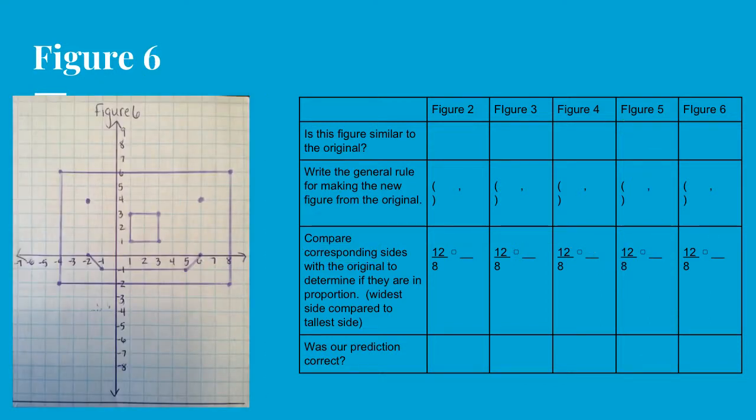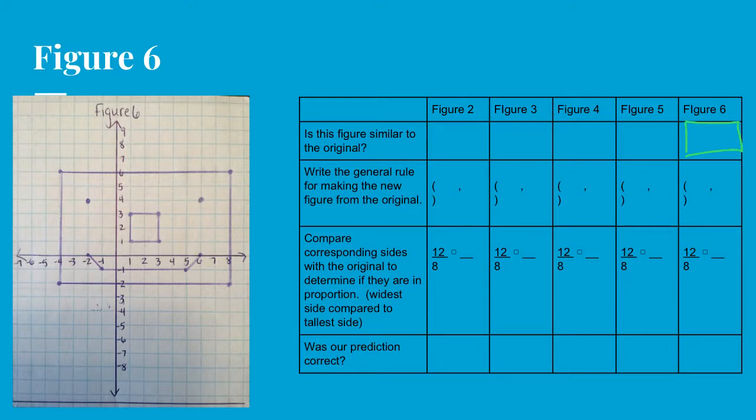All right, so here is my figure number 6. You and your partner should have already made your prediction about whether it appears that this is a similar figure or not. Let's go right into our ordered pairs. So the ordered pairs for figure 1 compared to the ordered pairs on figure 6 show us something different is happening.